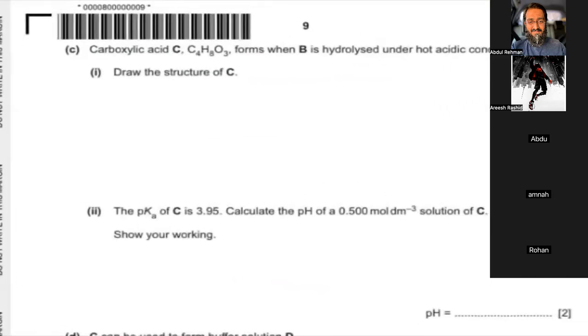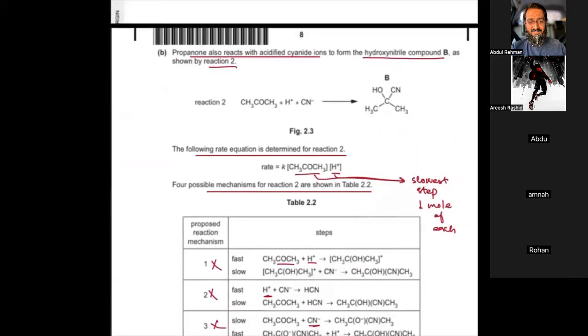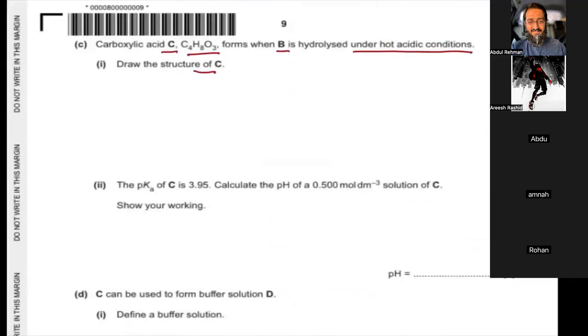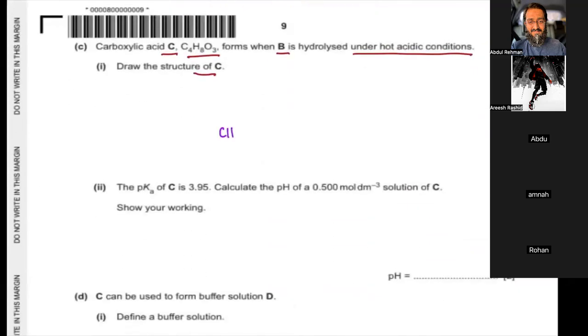Okay, now C part. Carboxylic acid C4H8O3 forms when B is hydrolyzed under hot acidic condition. Draw the structure of C. So if you see that is B, if you hydrolyze it, this cyanide is turned into carboxylic acid. So we have CH3 bonded to C, and there is another CH3 bonded to it.